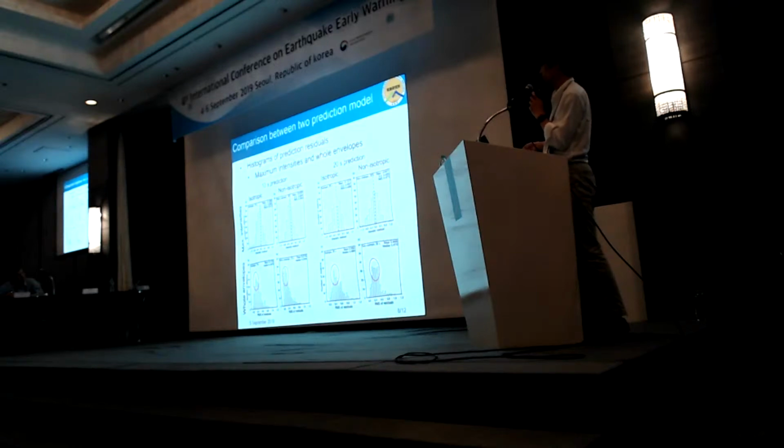Although the histograms of maximum intensity residuals are very similar to each other, when we focus on the residuals of whole seismogram envelopes, the non-isotropic forward scattering model resulted in lower prediction residuals.